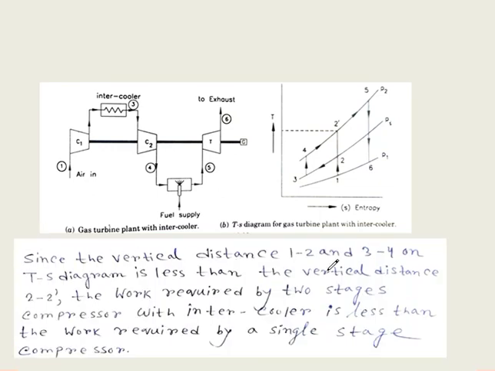Since the vertical distance 1 to 2 and 3 to 4 on the TS diagram is less than the vertical distance 2 to 2 dashed, the work required by a two-stage compressor with intercooler is less than the work required by a single stage compressor.